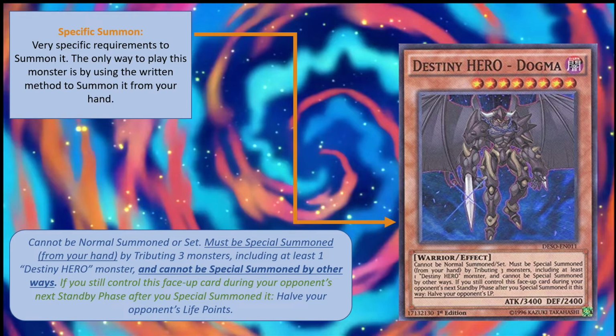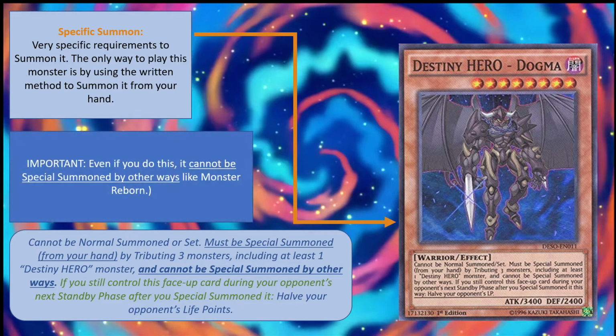Now if we look further down, it says here, if you still control this face-up card during your opponent's next standby phase after you special summoned it, halve your opponent's life points. So the summoning went through, it happened, your opponent couldn't negate it, but your opponent does have a response to the card's effect.